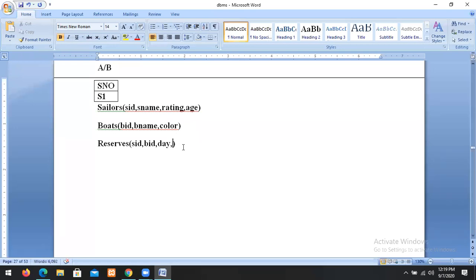So like this, they will give the three tables. From these three tables, they will ask queries like this. List the details of the sailors whose rating is greater than 8.